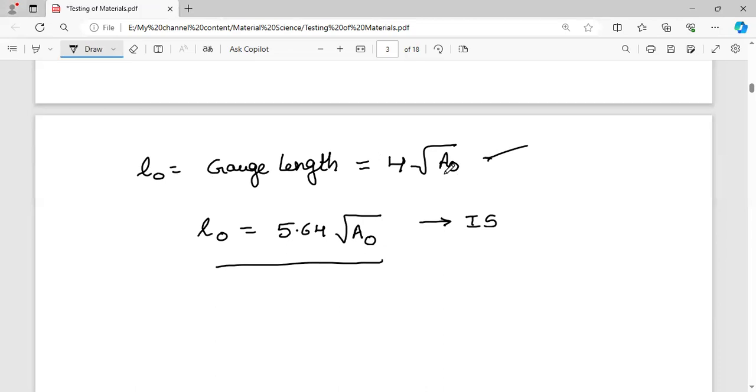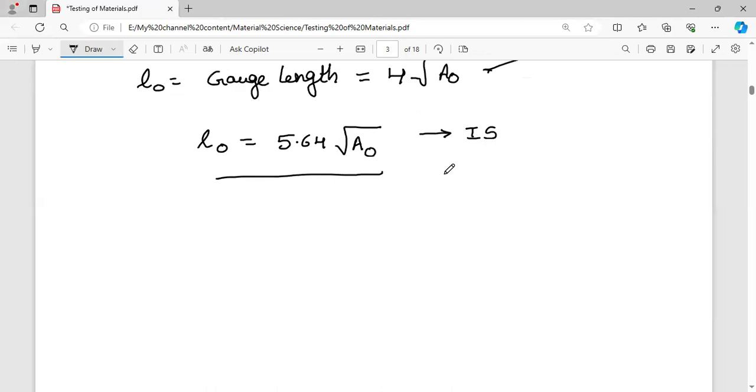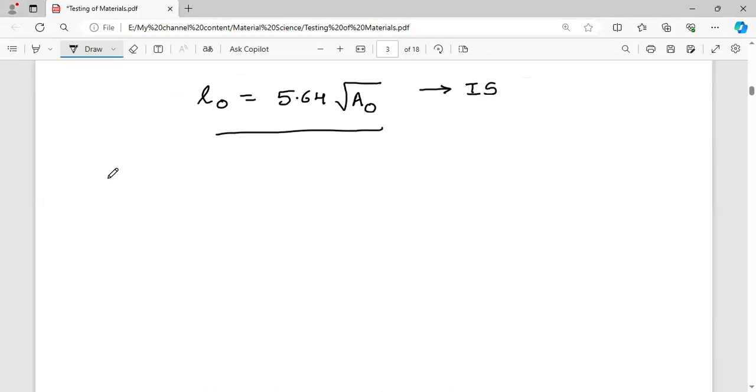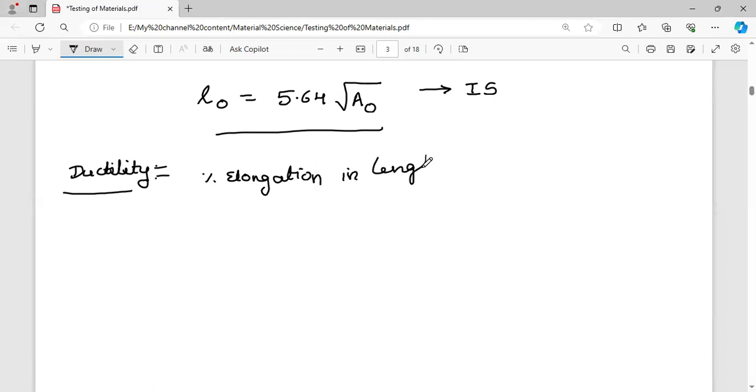Next, based on this percentage of elongation, we can decide the ductility. We already discussed the ductility matter. The next property is ductility measurement. Ductility can be measured using the percentage of elongation in length, or the percentage of reduction in cross-sectional area of the specimen.